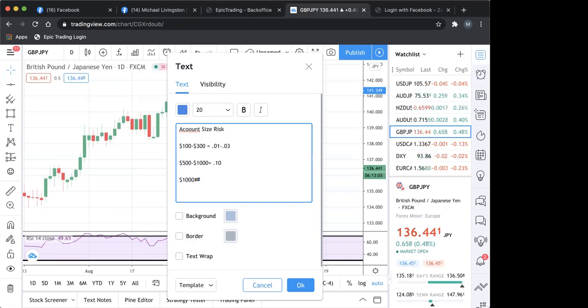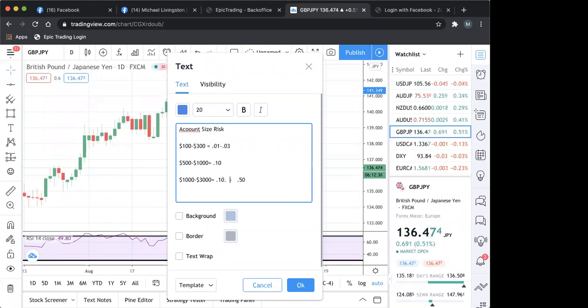Now anywhere from 1,000 to 3,000, then you can move your lot size up. Still 0.10, but you can go up to 0.5. So 50 cents a lot.